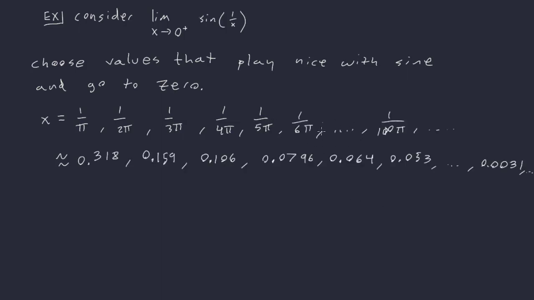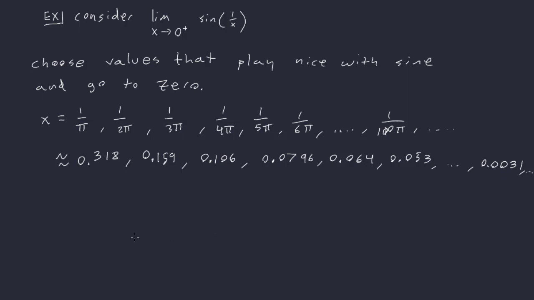I realize in the first one I skipped 1 over 5 pi, but here are the values: 0.3, 0.1, 0.106, 0.07, 0.06, 0.05, and then I went all the way out to 1 over 100 pi, which will be 0.0031. So we are letting the x's get closer and closer to 0. We're just doing it in a funky way, and specifically a way that plays nice with sine.